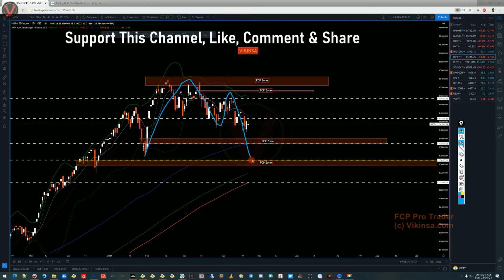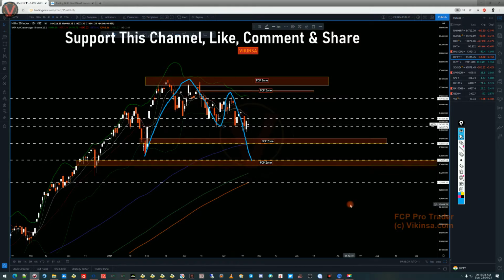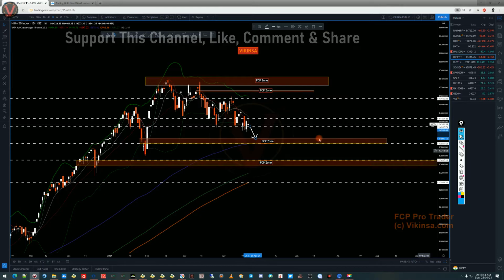But for that to happen, it needs to go through this particular level, which is acting as support right now, of 14,287. It needs to break through that before it starts to fall down into the lower zone, which is going to be this. So if that is broken, then I'm looking for a short into this FCP zone.